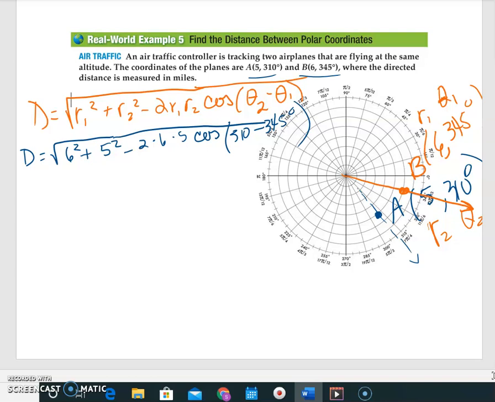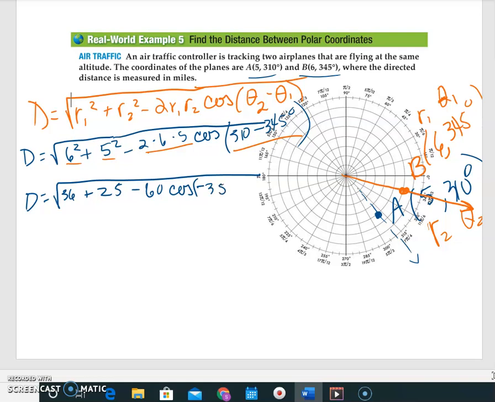Okay, so we'll do a little simplifying. I can do this product, and I can do this difference. So I have 36 plus 25 minus 60 times the cosine of negative 35 degrees.